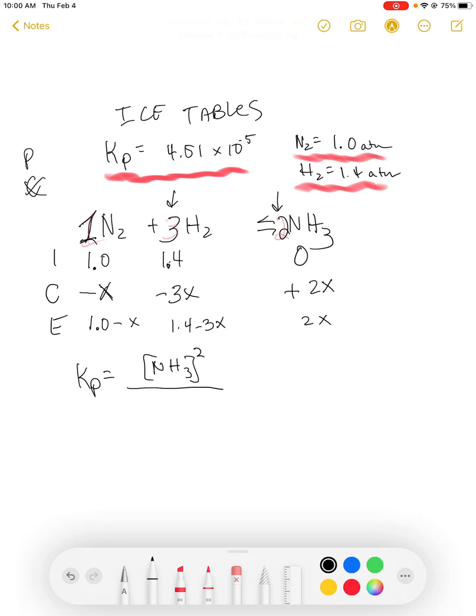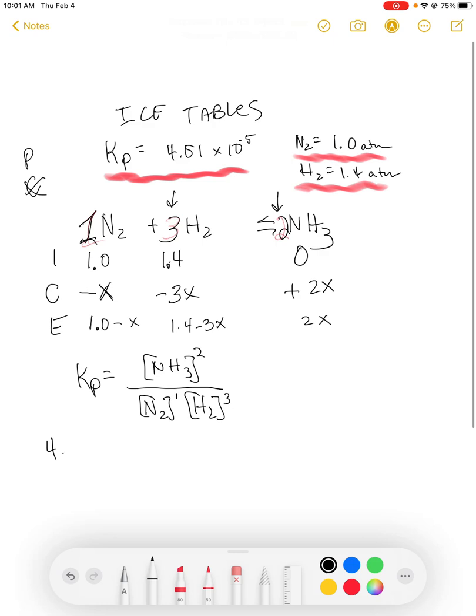And underneath, we've got the reactants. It's always in chemistry products over reactants. And we've got the pressure of the nitrogen raised to its coefficient and the pressure of the hydrogen raised to its coefficient.